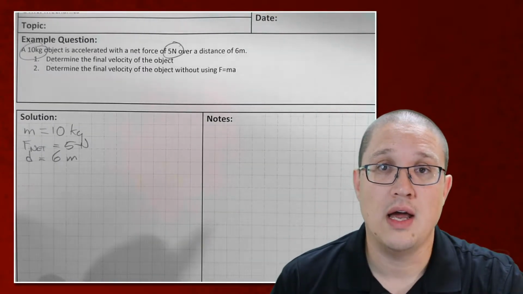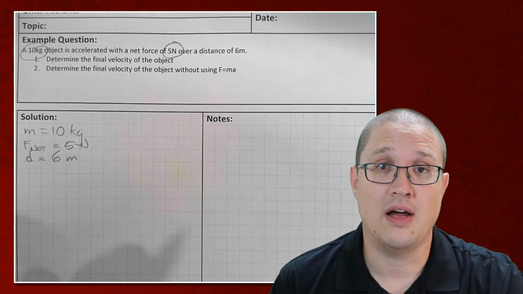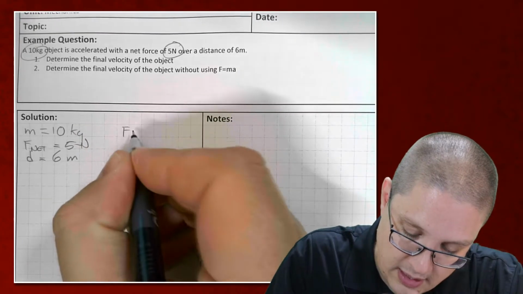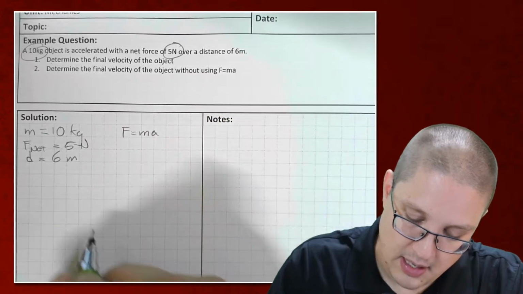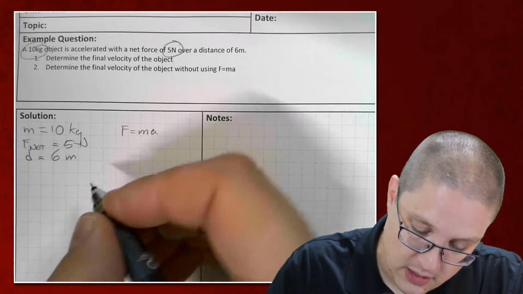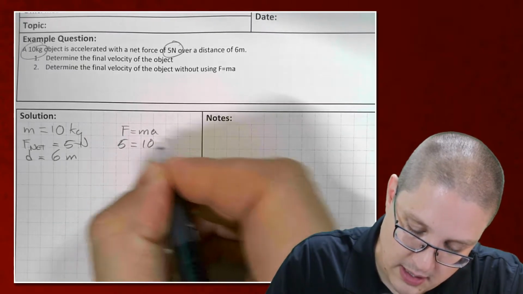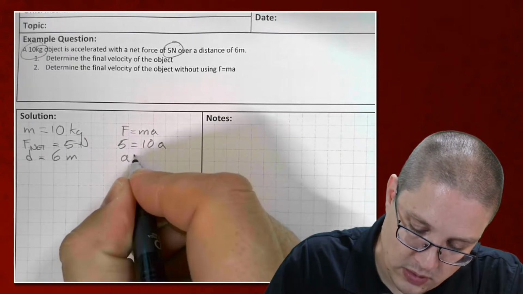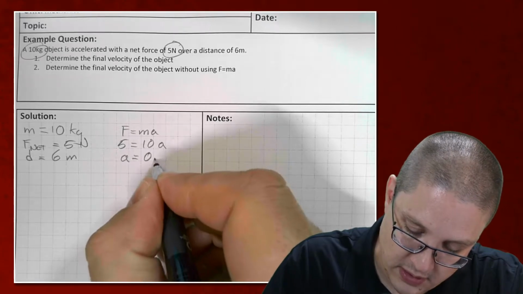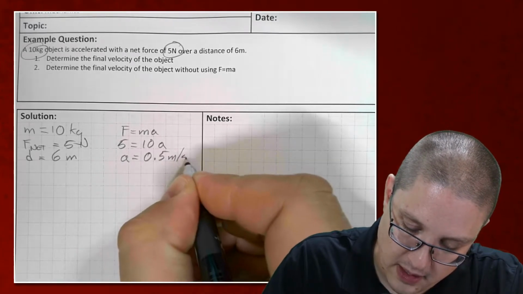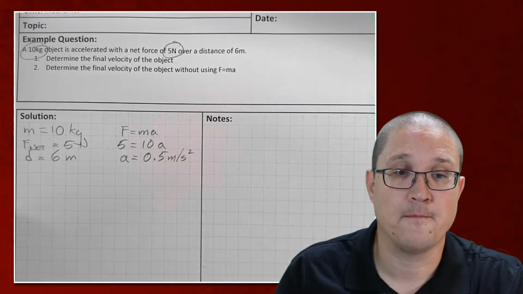If I try to solve this using my grade 11 physics formulas, I use F equals ma. That's pretty common. So I'm going to use my net force of 5 newtons, and that works out to an acceleration of 0.5 meters per second squared.